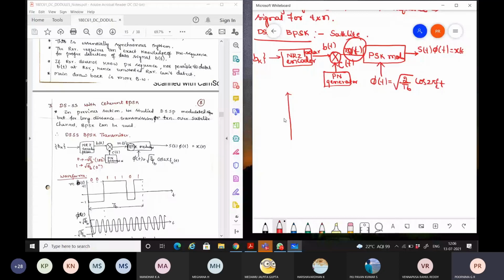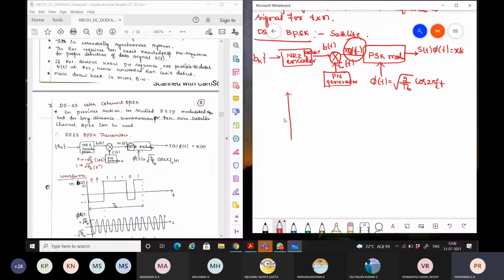So the sequence 0 0, minus 1, plus 1, then again 0, minus 1, plus 1. Okay, so this whole sequence will be added within the T_B duration.